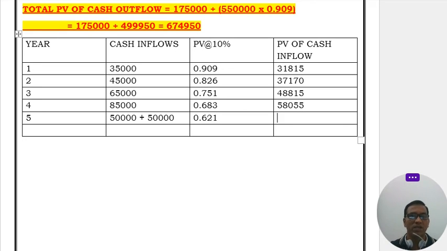And last year 100,000 multiply with 0.621, 62,100.